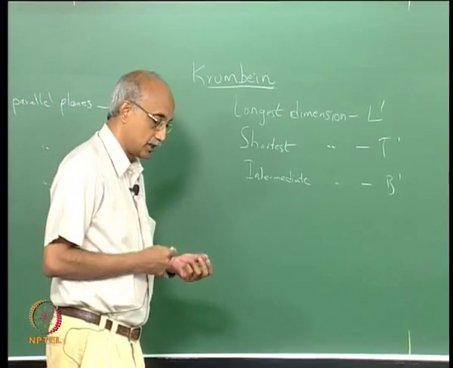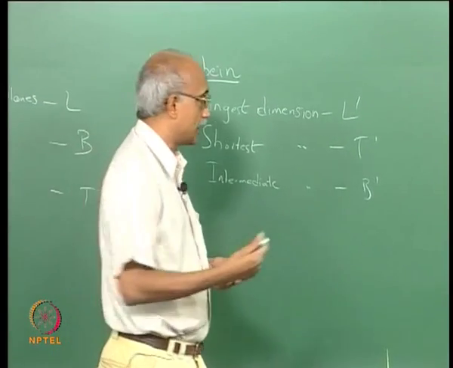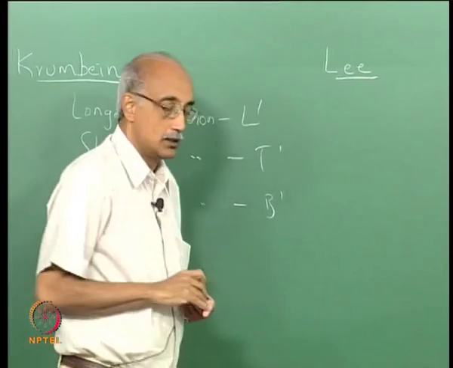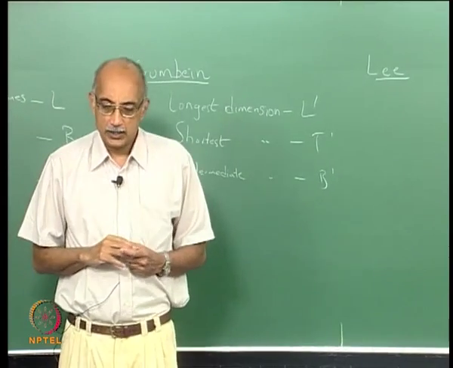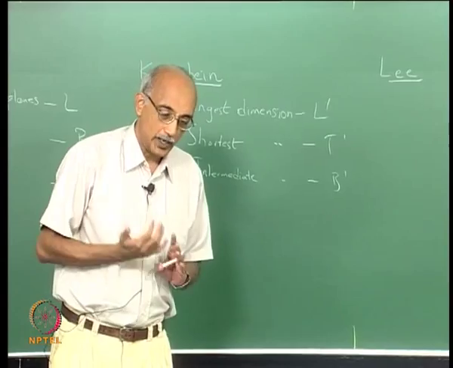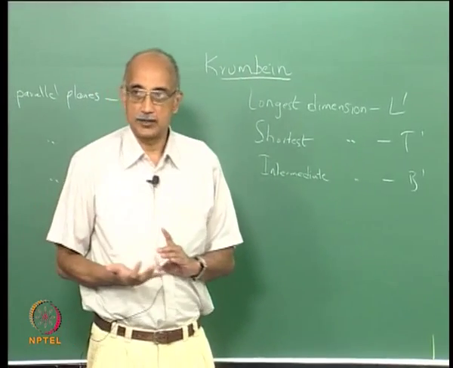After this, the third person that really got involved in shape analysis was a scientist by the name of Lee, who made this approach more systematic and in a way more convoluted from an analysis viewpoint.